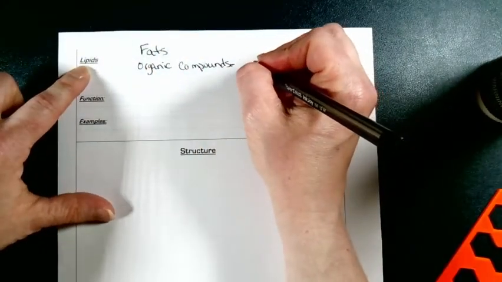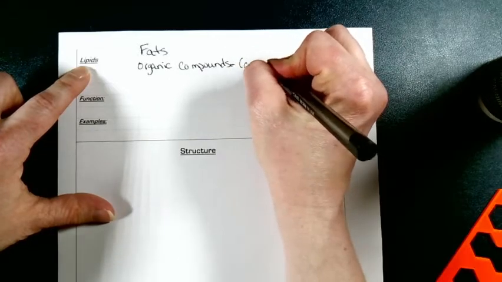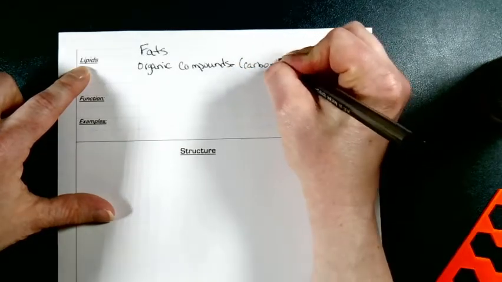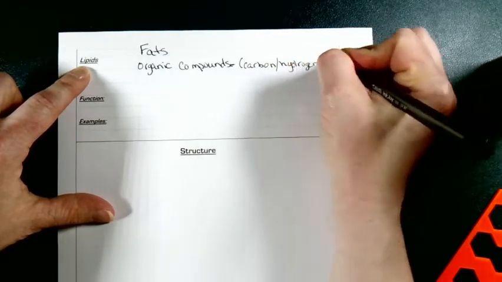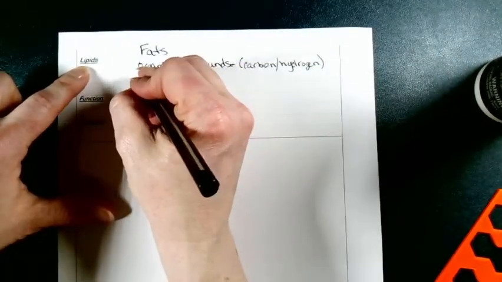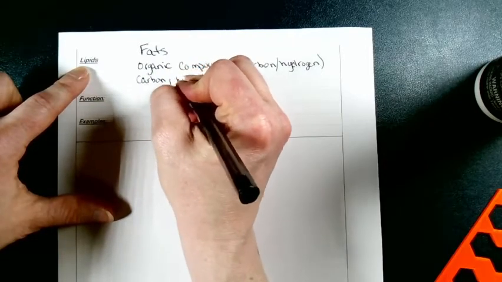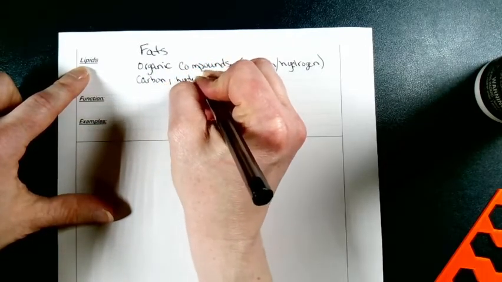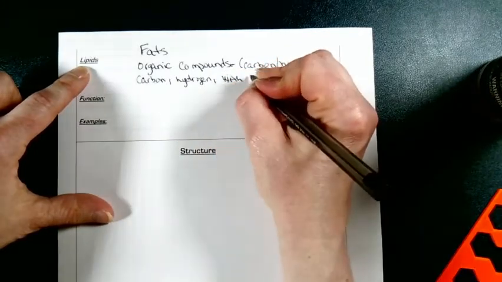For a lipid, carbon and hydrogens mainly. Fats have carbons, hydrogens, with a few oxygens.